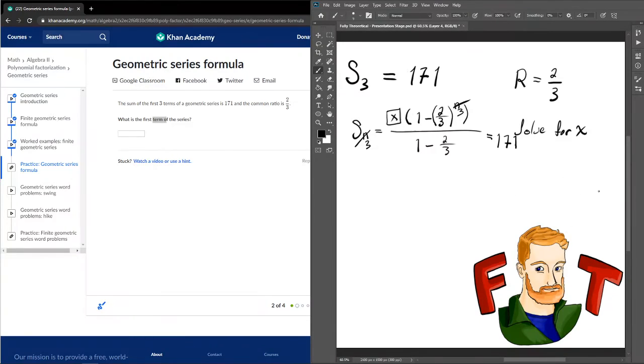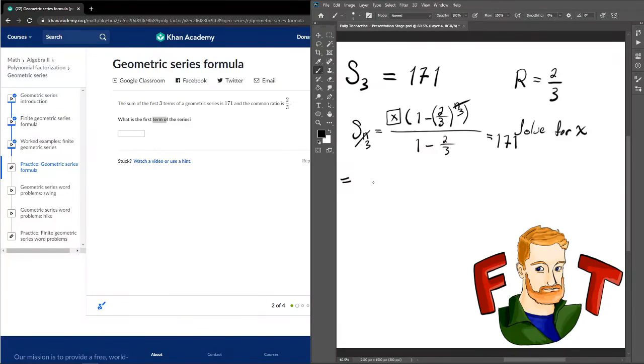Okay, trying this like the 14th time. So this is basically 1 over 3. If you divide something by 1 over 3, it's basically multiplying it by 3.